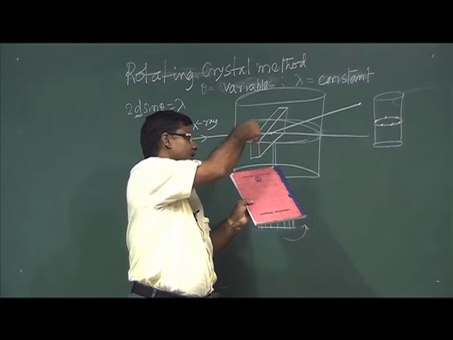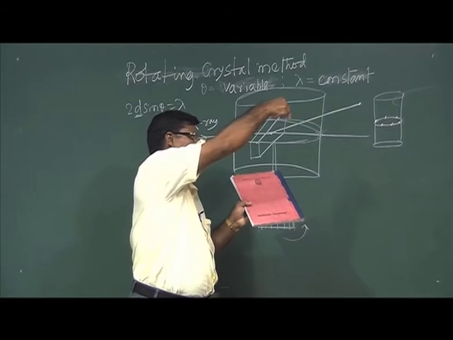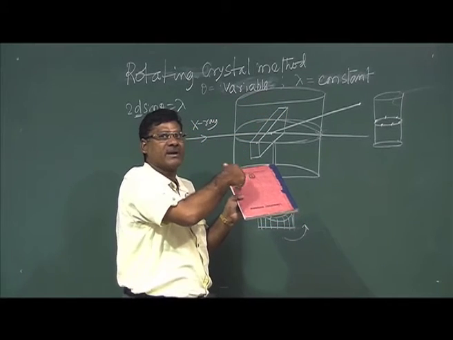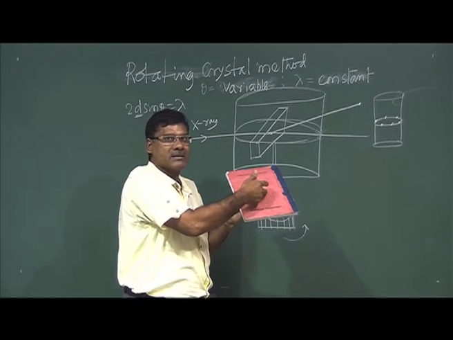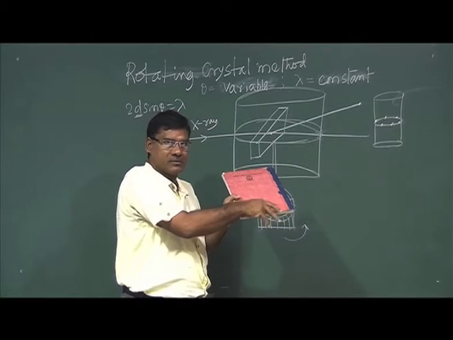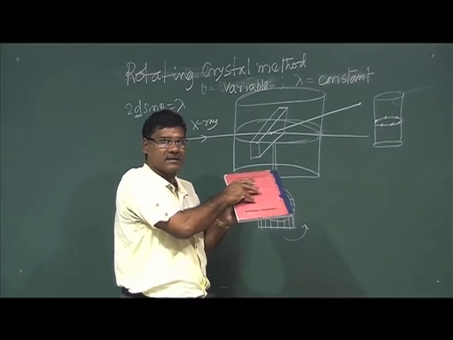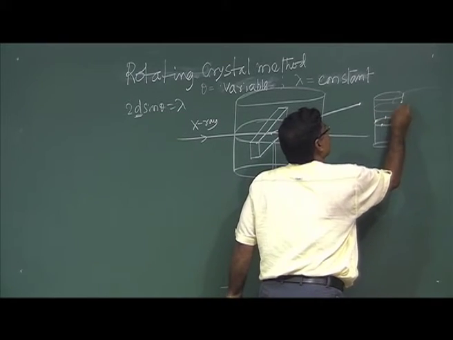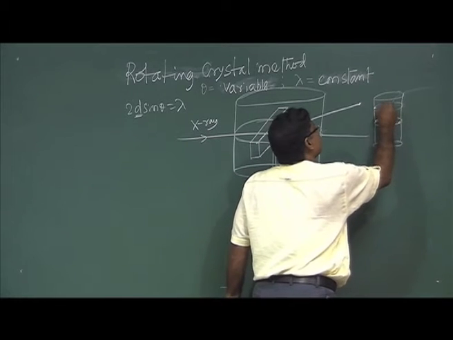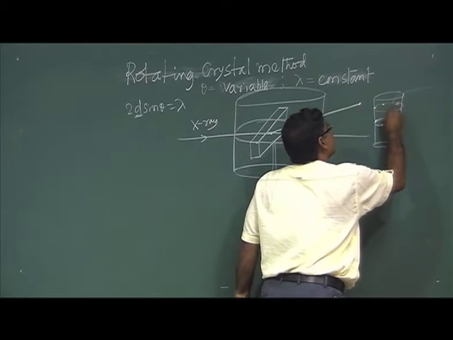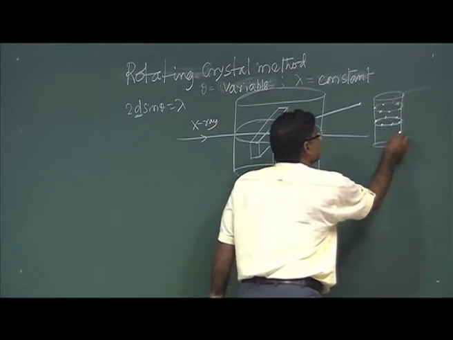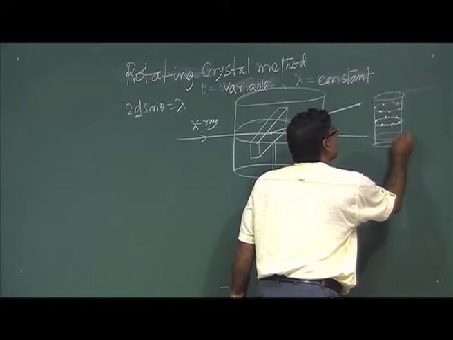So again on up you will get another circle, and the spots on that circle will represent the planes of this zone having a different zone axis. Okay. So you will have a circle here, say, having spots on this. So similarly you will have more.